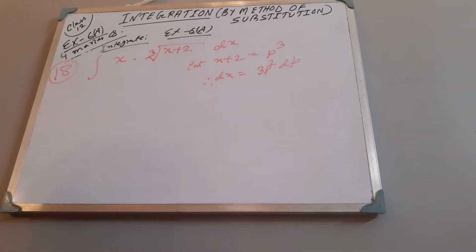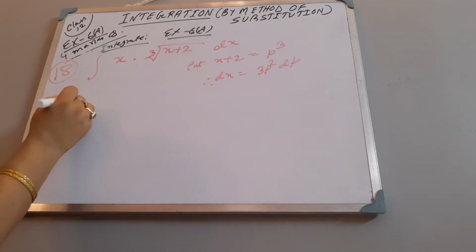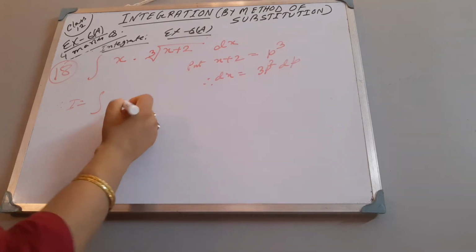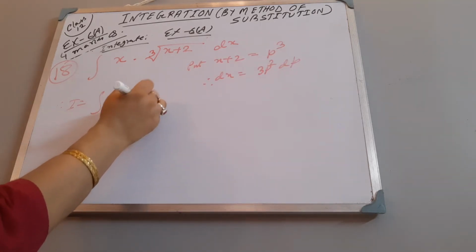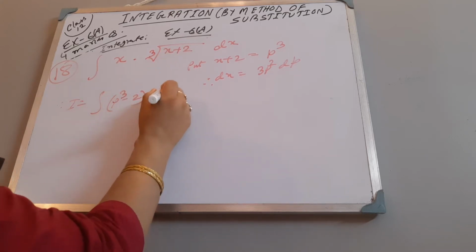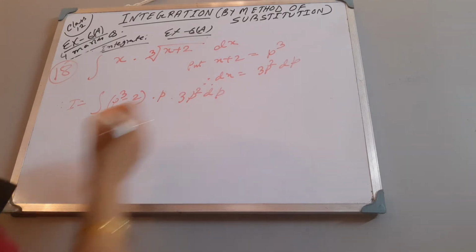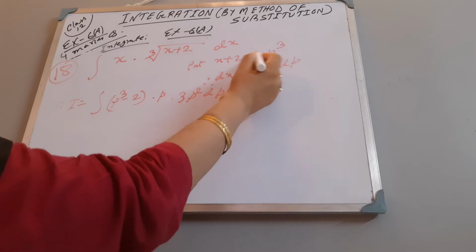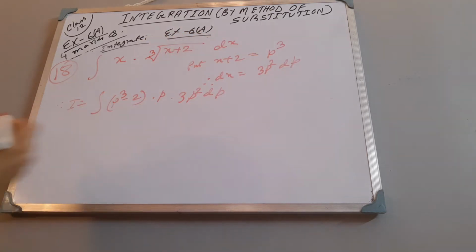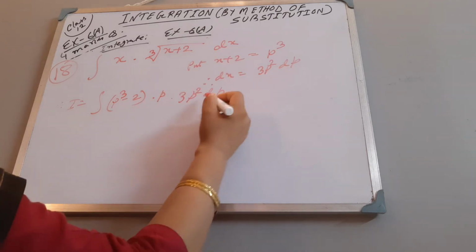So instead of dx we will put 3p square dp. Therefore I is equal to, and instead of x we write p cube minus 2. The cube root of x plus 2 is again only p, and dx means 3p square dp.